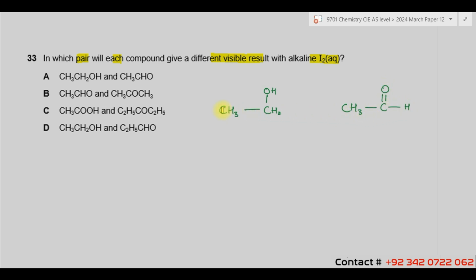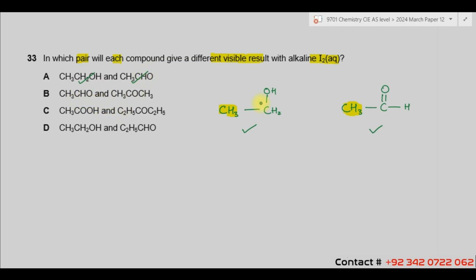As we can see, CH3 is present, which is directly bonded to carbon having OH, and CH3 is present, which is directly bonded to carbon having double bond O. So both will give positive result with alkaline aqueous iodine.